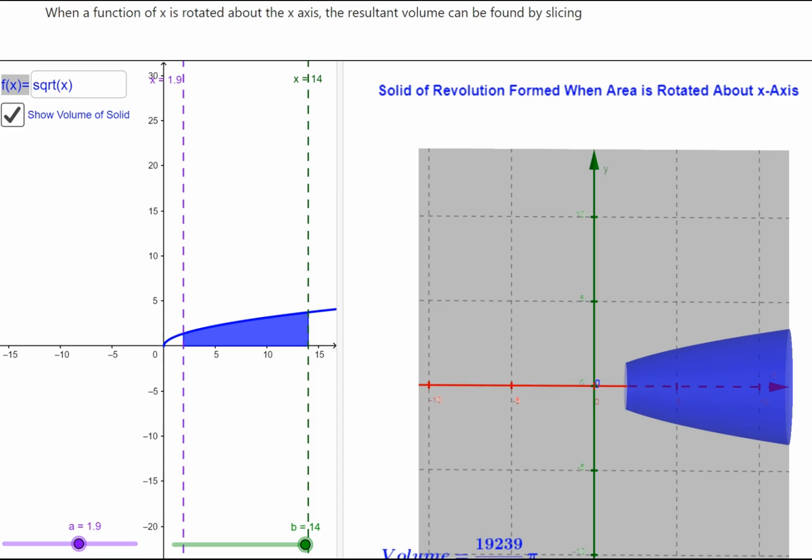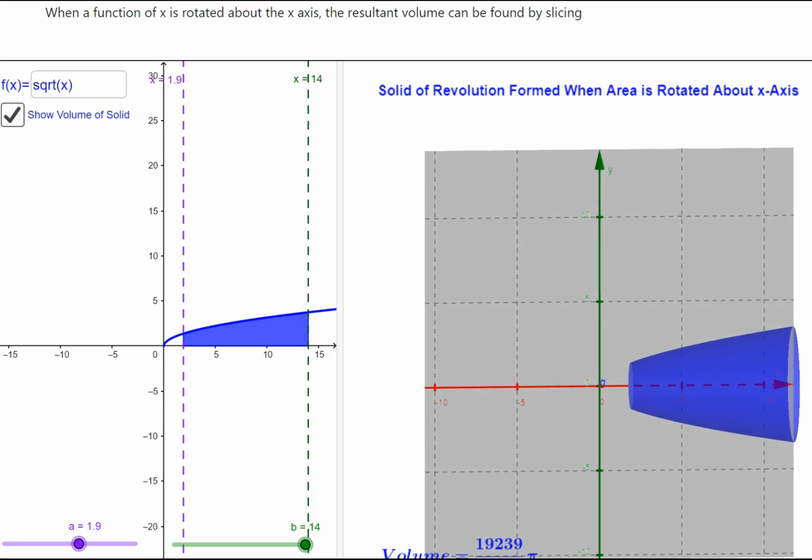So you're probably familiar with that. It's half of the parabola on its side, x equals y squared. So taking that curve now, we're going to rotate it around the x-axis, and that's what has actually happened here.